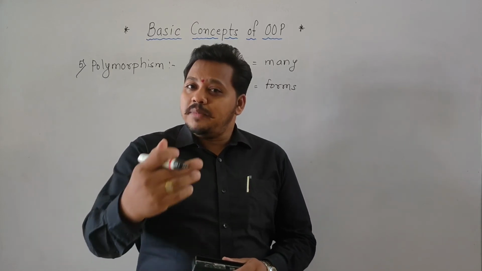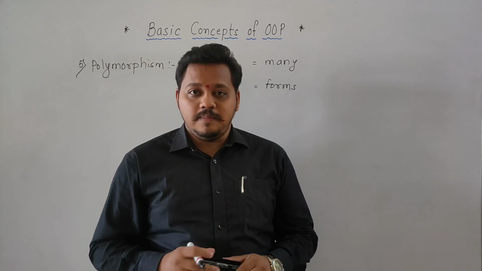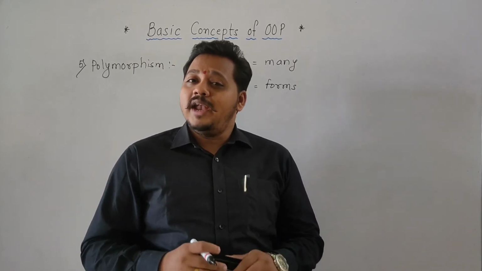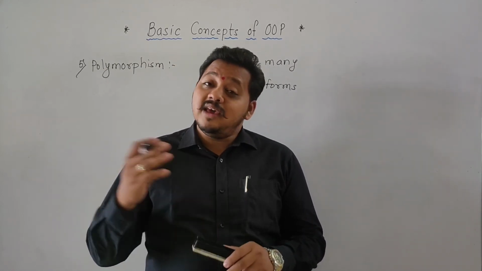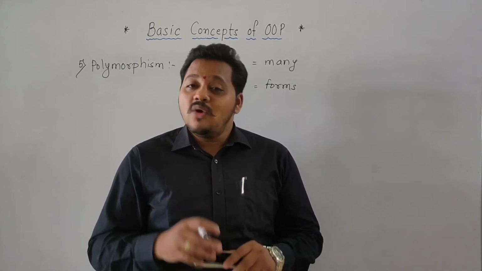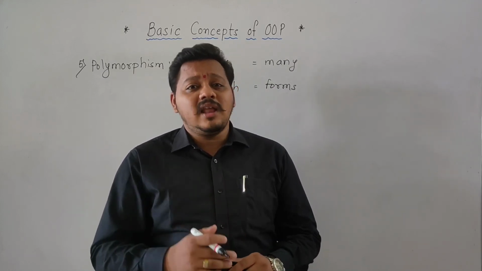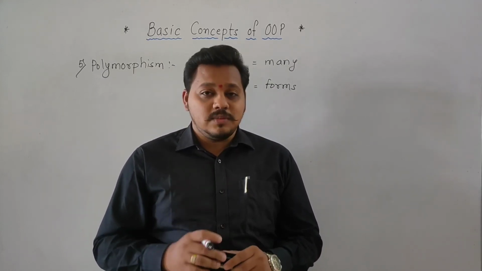Here I am teaching you, which means I am playing the role of a teacher. When I go home and discuss with my parents, there I play the role of a child. When I go to a market and buy something, at that time I am playing the role of a customer.